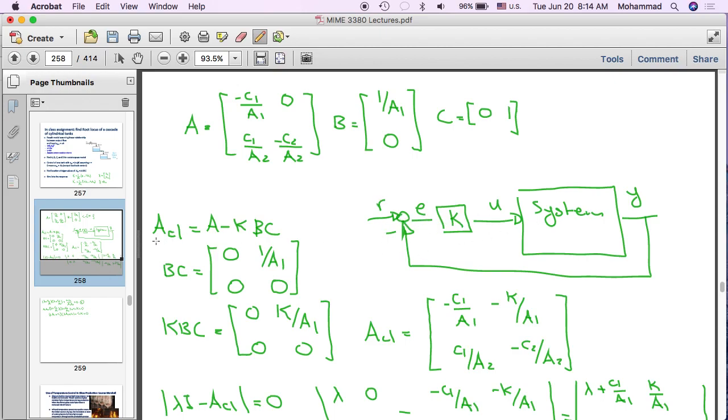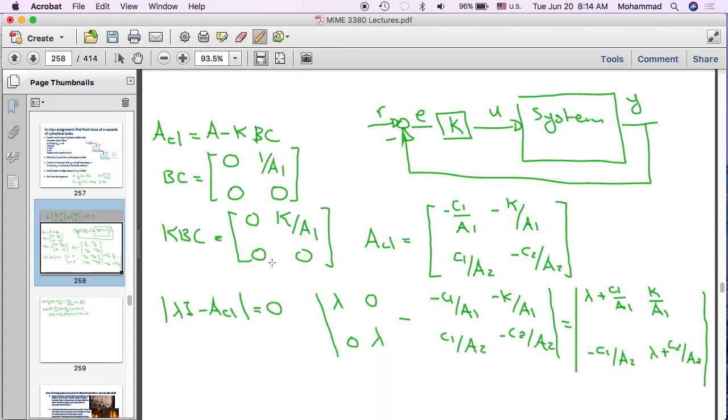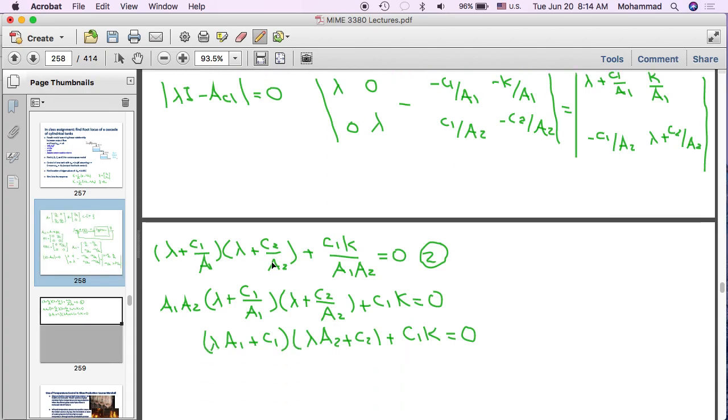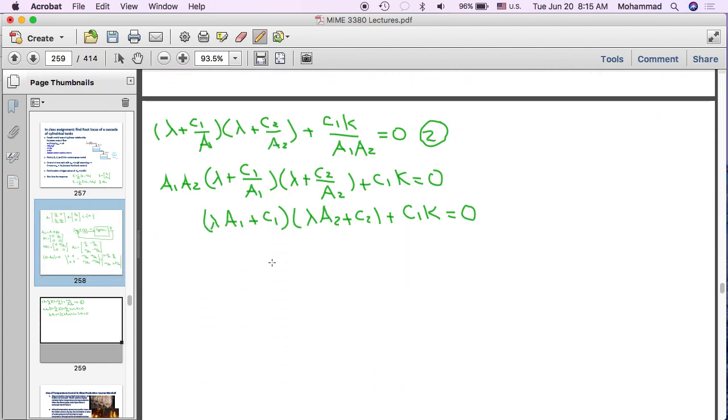So what we did there is we formed our closed loop A through a different formula because it's a different controller. So it was A minus K times B times C because output is being fed back here. So we formed the A closed loop matrix. We found the characteristic equation, and this is the characteristic equation.